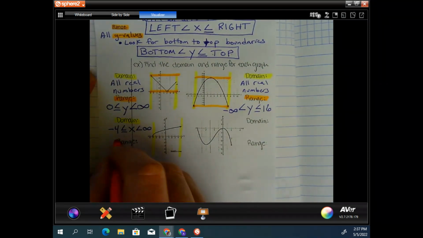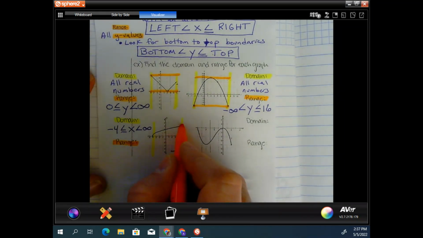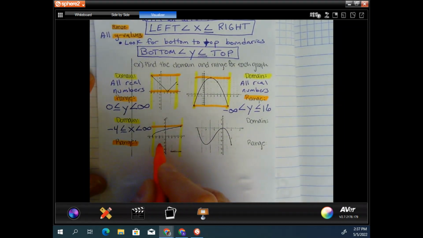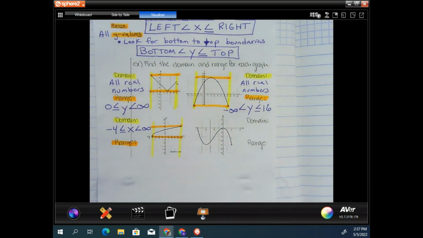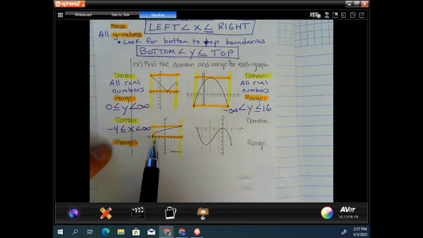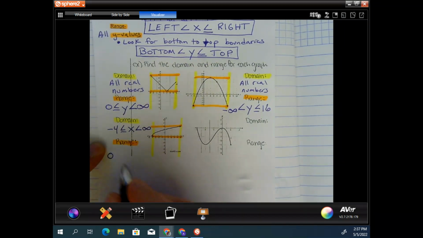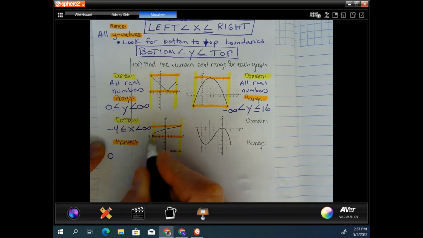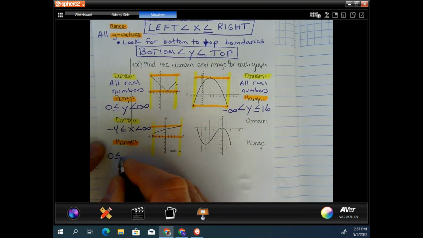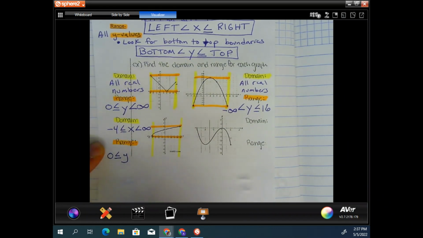For our range, I'm going to go to the highest and lowest points. I see that I have a bottom that goes through 0. It is included because it's filled in.